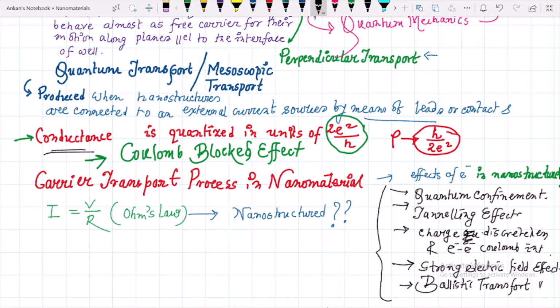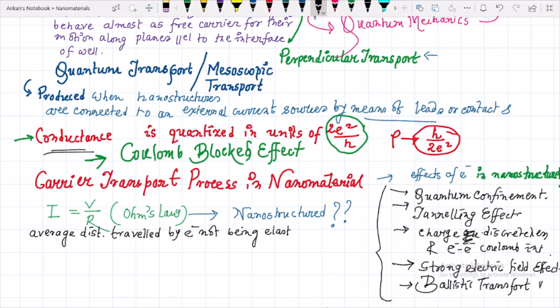The first one is known as the average distance traveled by the electron before being elastically scattered.